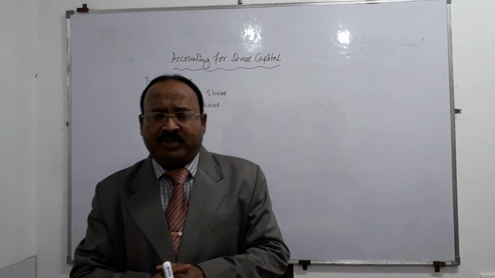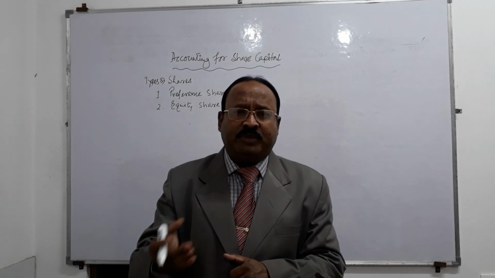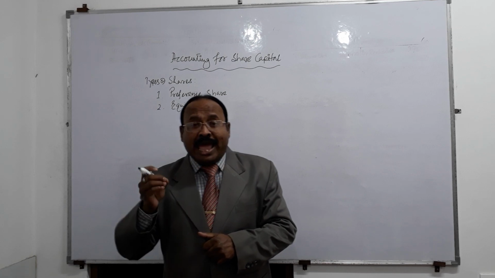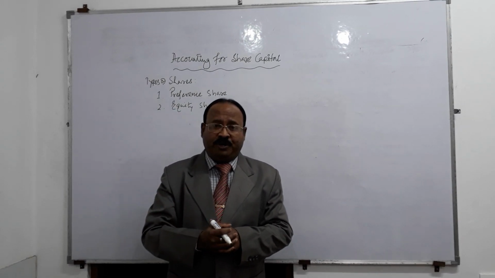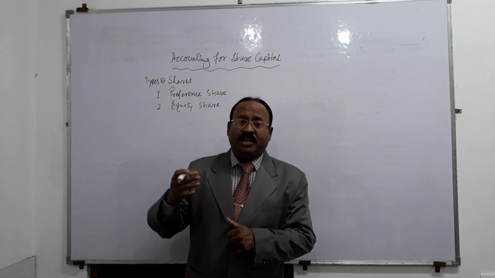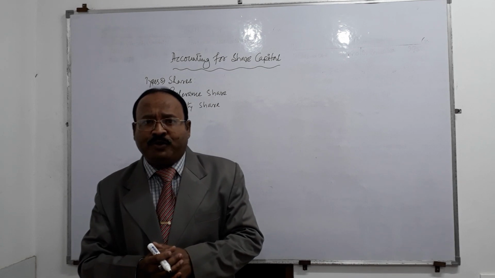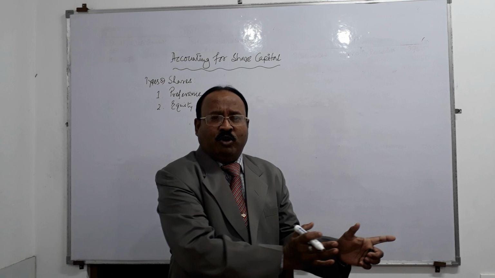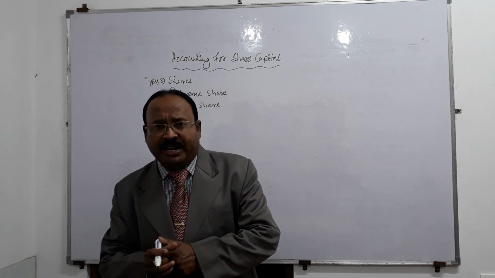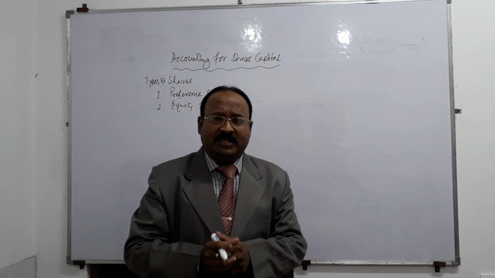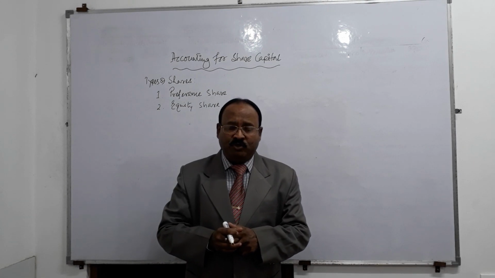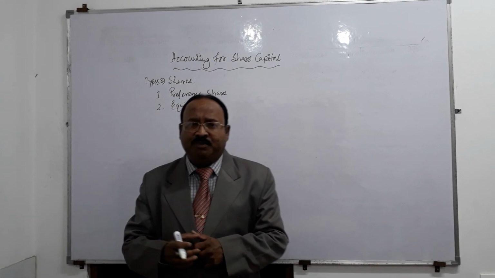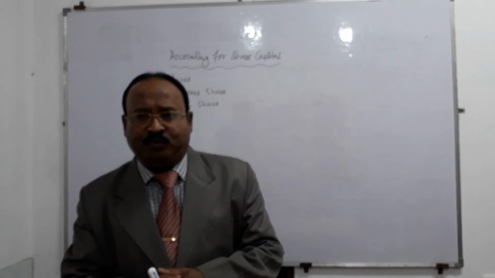So the amount of dividend of the equity shareholder absolutely depends on the amount of residue profit. If the company has a huge residue profit after keeping a certain amount as retained earnings in the form of general reserve, then the equity shareholder gets a huge dividend.